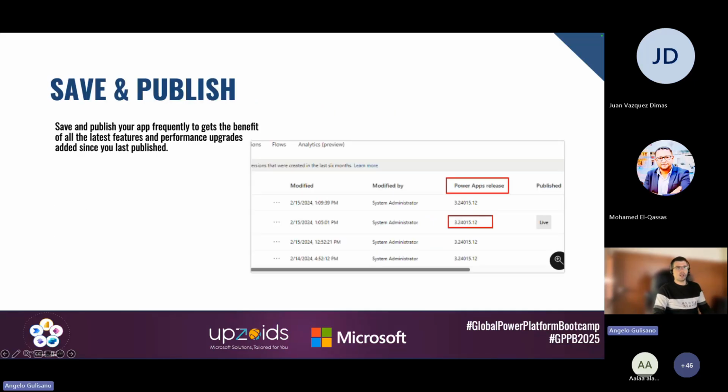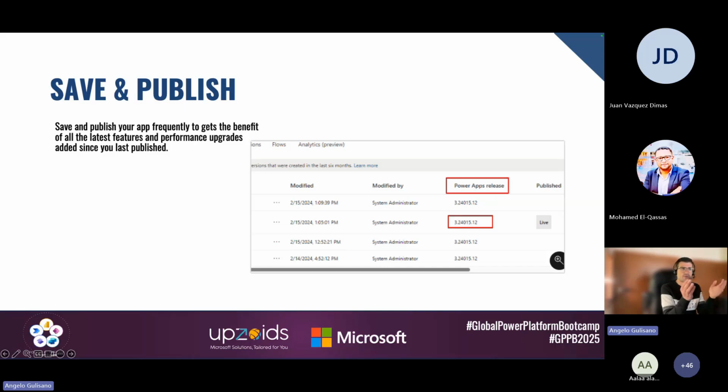Okay, then the last one from the theory point of view, then we can see a small demo. I suggest you save and publish your application frequently, because when you publish a Canvas app, your application is updated and runs the latest version of the apps.